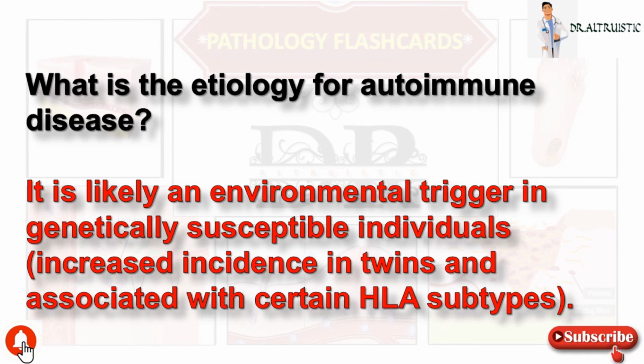What is the etiology for autoimmune disease? It is likely an environmental trigger in genetically susceptible individuals, increased incidence in twins and associated with certain HLA subtypes.